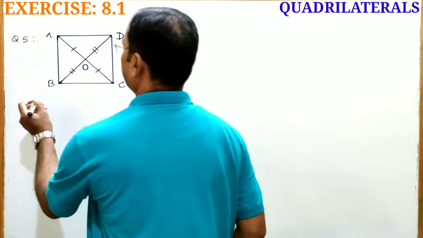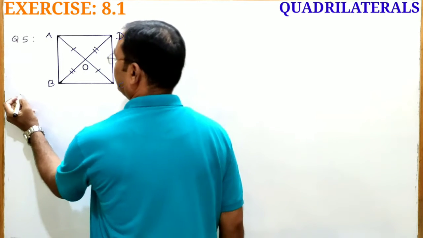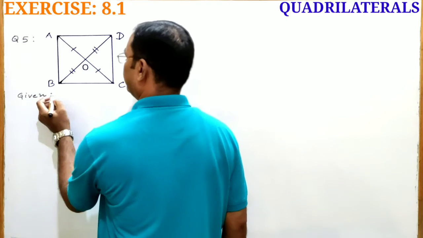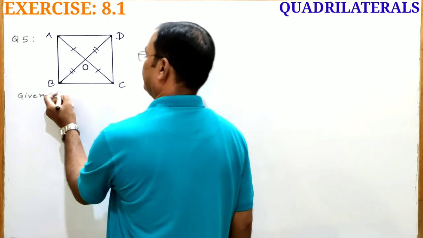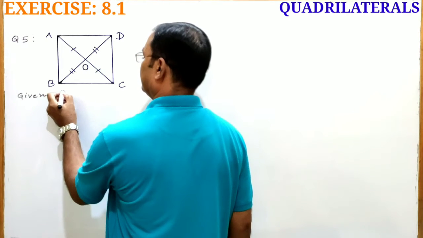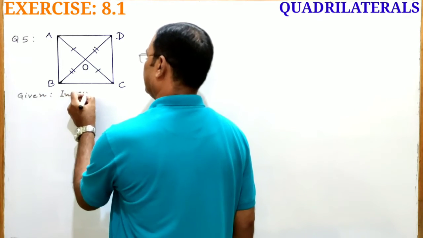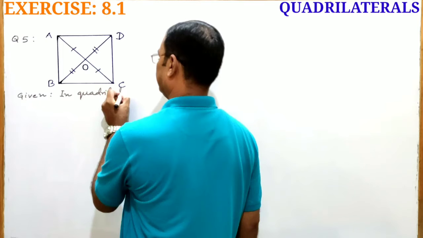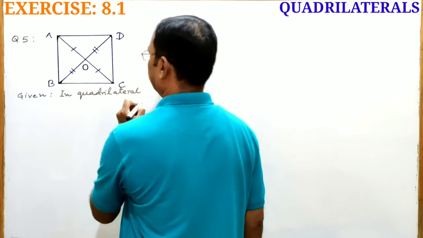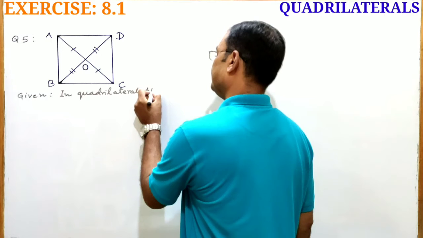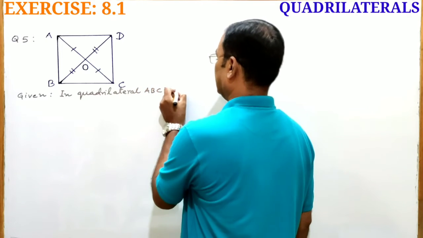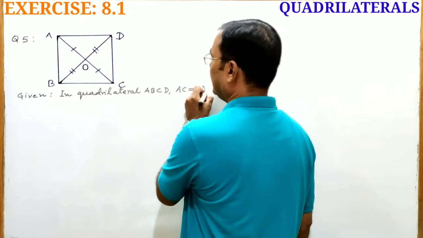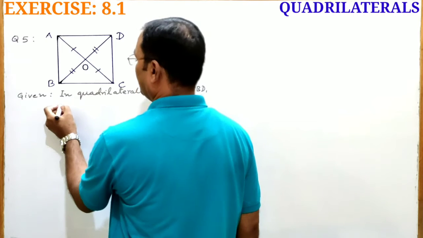So let's write, given: in quadrilateral ABCD, AC is equal to BD. Diagonals AC and BD are equal.